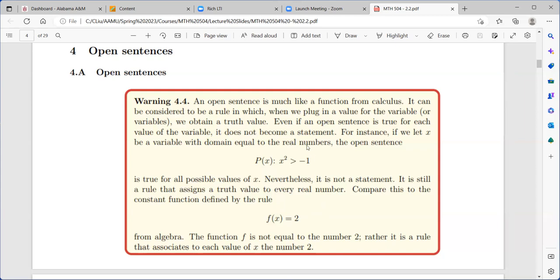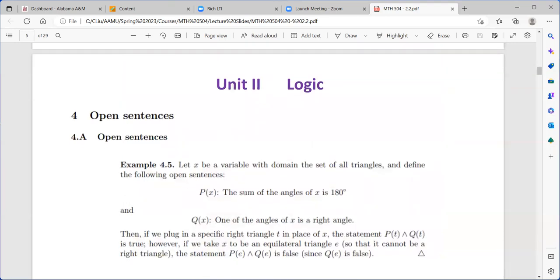So in the case of the open sentence x squared greater than -1, it's a rule that assigns a truth value to every real number. So in other words, you need to plug in a specific value of x for it to become a statement. So this is something we should be very careful about when we talk about open sentences.